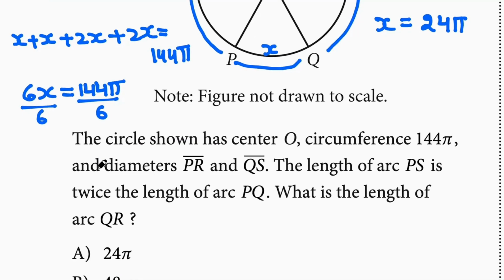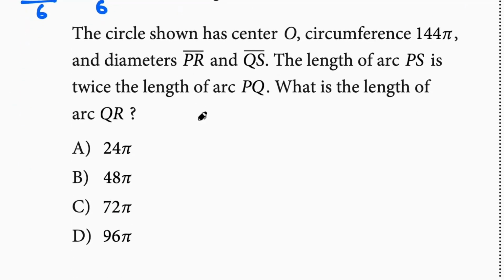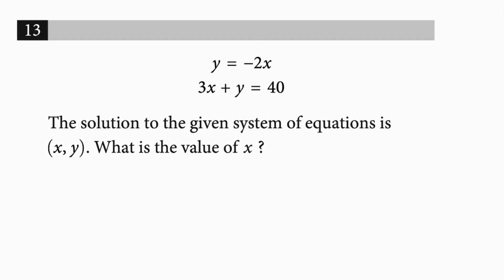What is the length of the arc QR? That is 2x, right? So x we have. QR is 2 times x, which is 2 times 24 pi, which is 48 pi. That means B is the right option.